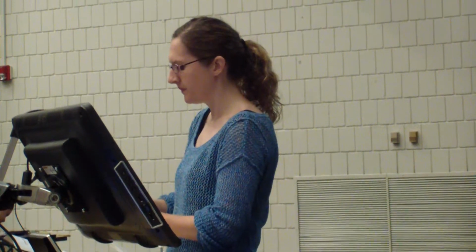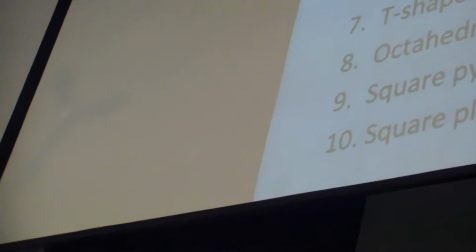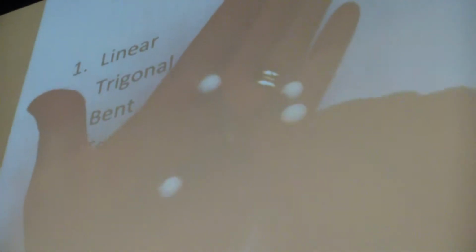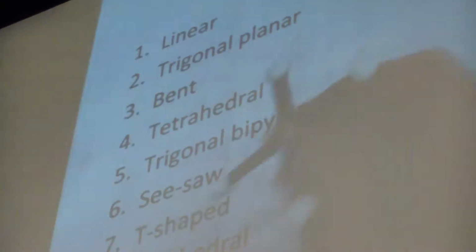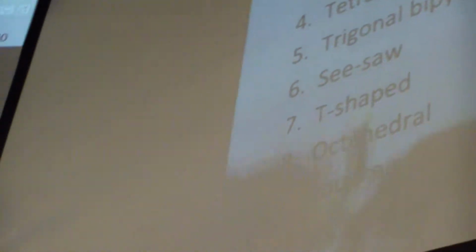So the first lone pair I can put wherever I want. What shape are you seeing here? It's a square, but it's not flat, so it's square pyramidal. Where does the second lone pair have to go? Do I want to put another lone pair here?